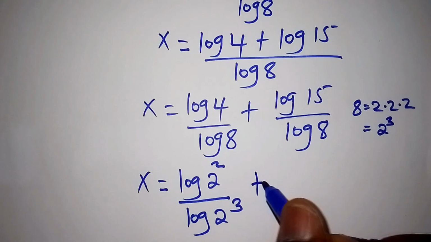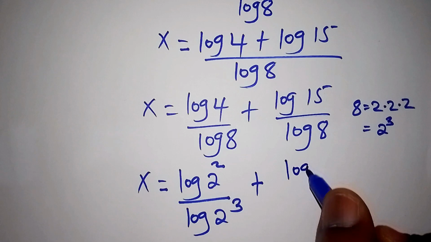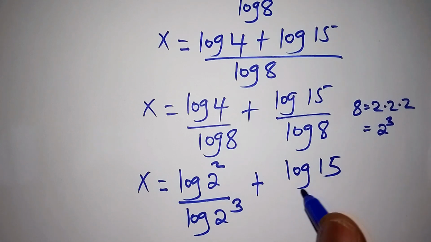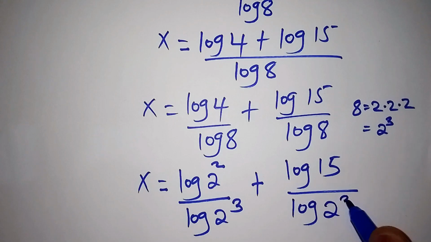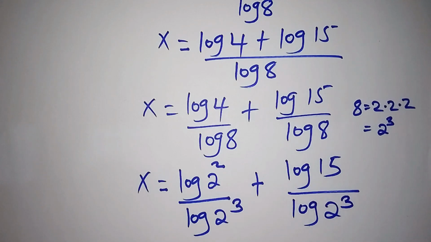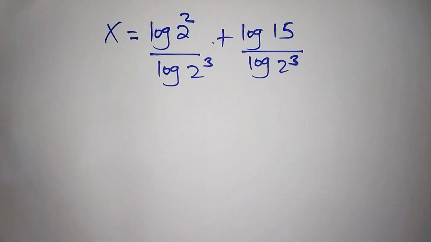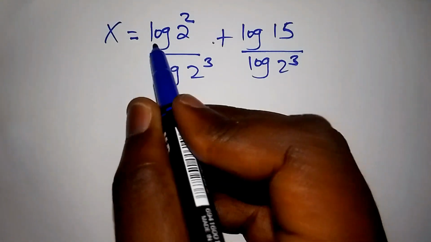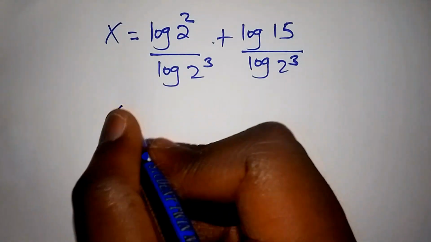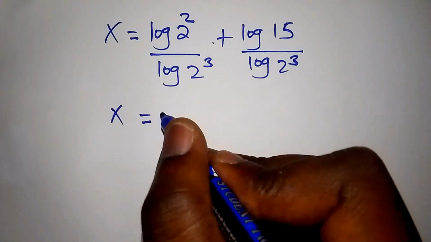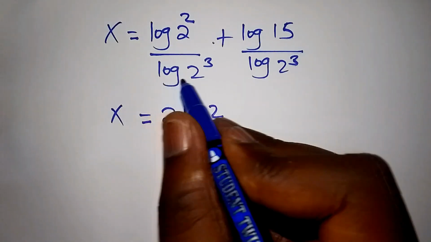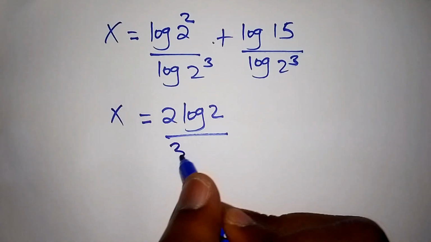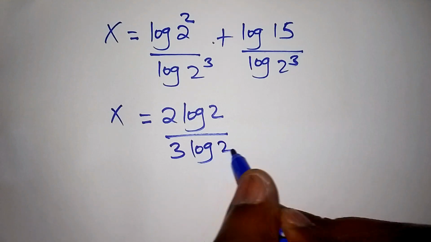Then plus, here we shall have log 15 all over the log of 2 to the power of 3. So as we proceed, the log of 2 to the power of 2 can also be written as 2 times the log of 2, all over the log of 2 to the power of 3, which can be written as 3 times the log of 2.